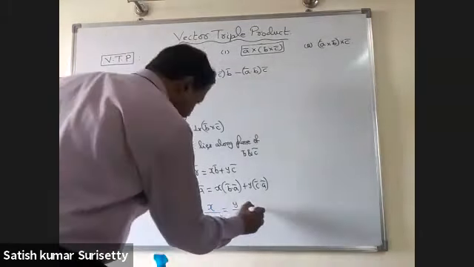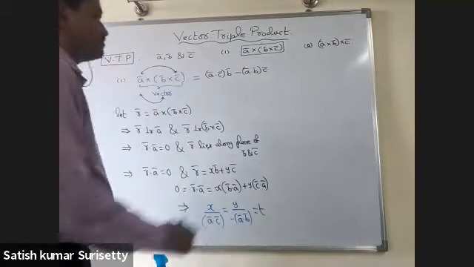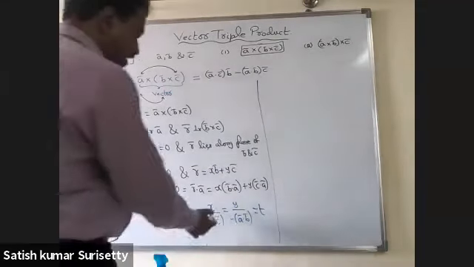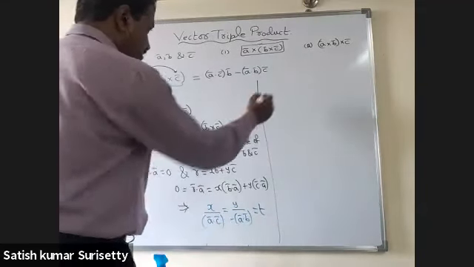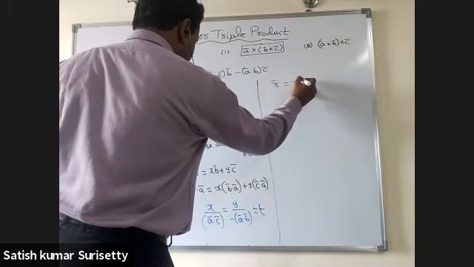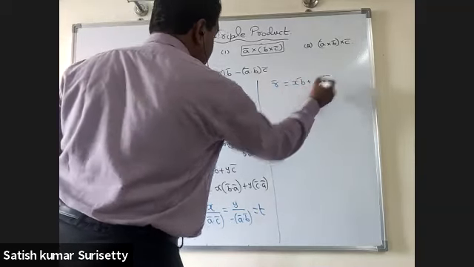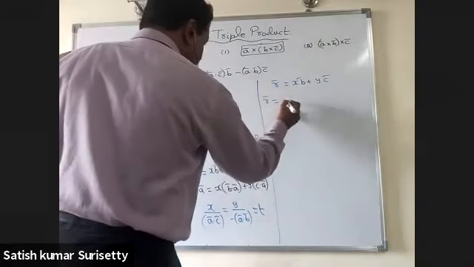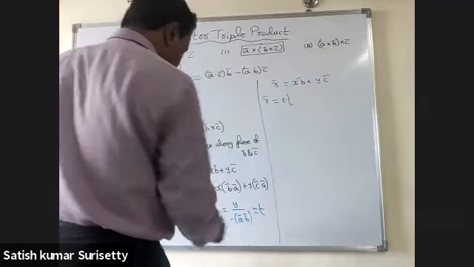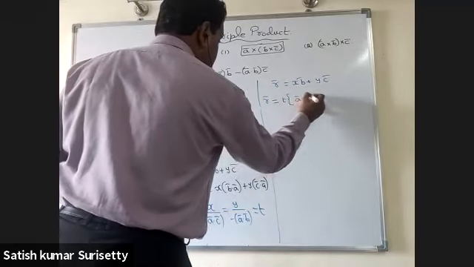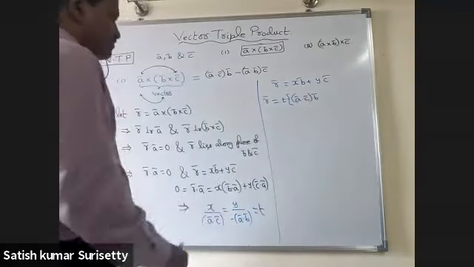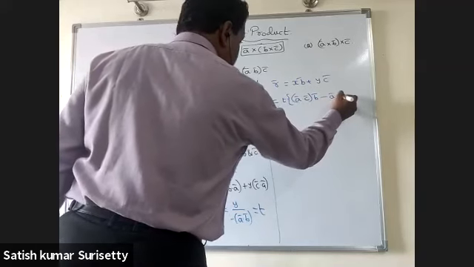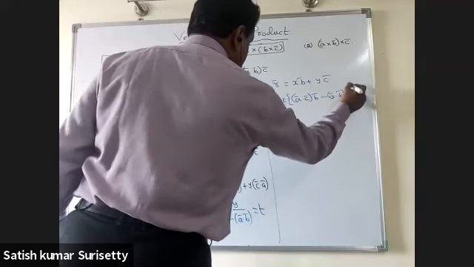Now let us take this as equal to some constant T. Now replace X and Y in terms of T here. So R bar equals X B bar plus Y C bar. So R bar equals T into, that is T is common, A bar dot C bar into B bar minus A bar dot B bar into C bar.